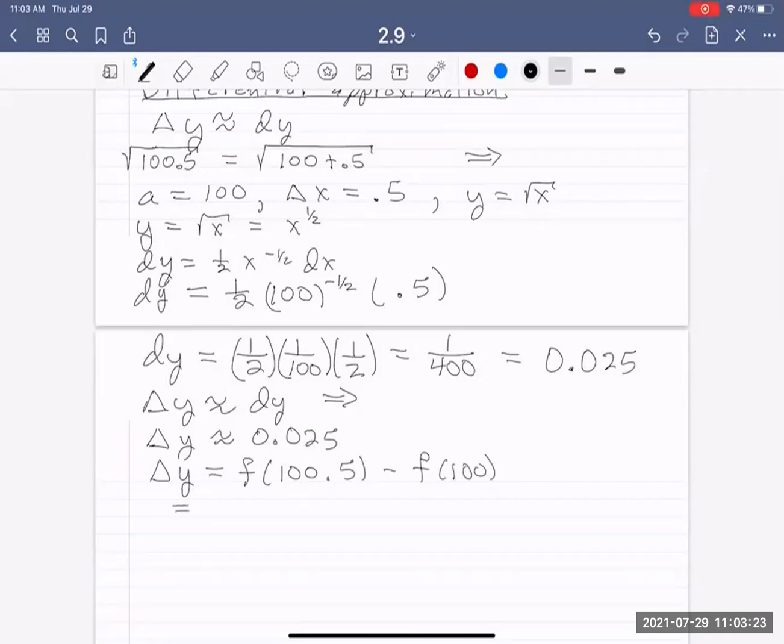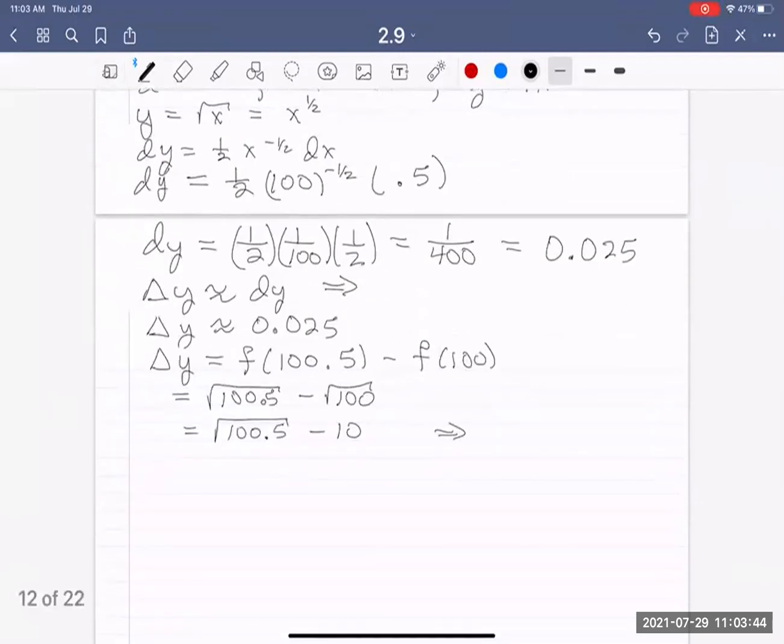And so this is equal to the square root of 100.5 minus the square root of 100. So radical 100.5 minus 10. But that's approximately equal to dy, and we figured out dy.